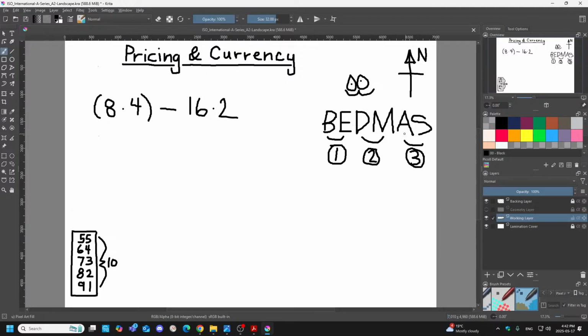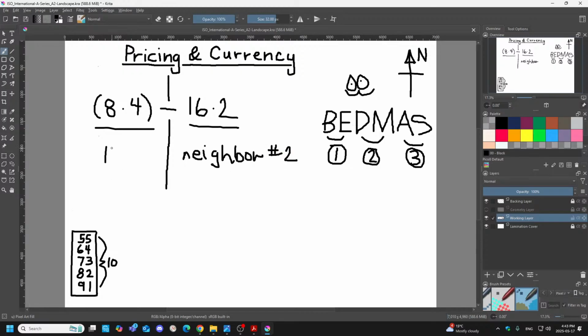You know that's the very last thing you're going to be doing, right? So look at this as kind of like the fence. You have neighbors. This is neighbor 1, and this is neighbor 2. It's kind of the simplest way I could explain it to you guys. So this is neighbor number 2, and this is neighbor number 1. Okay? Pretend this is the fence.